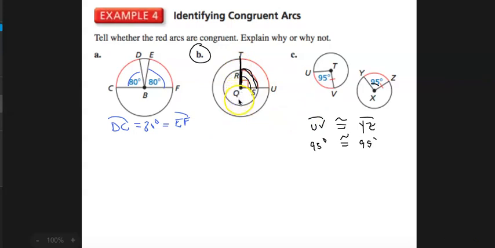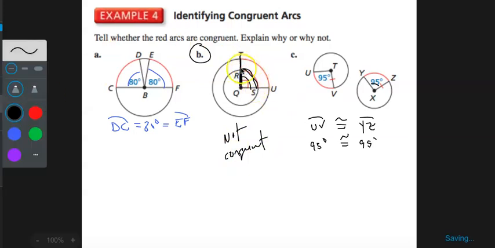So these arc lengths are not the same, so these are not congruent. The arc RS is 90 degrees of its circle and TU is 90 degrees of that circle, but still those two lengths are not congruent.